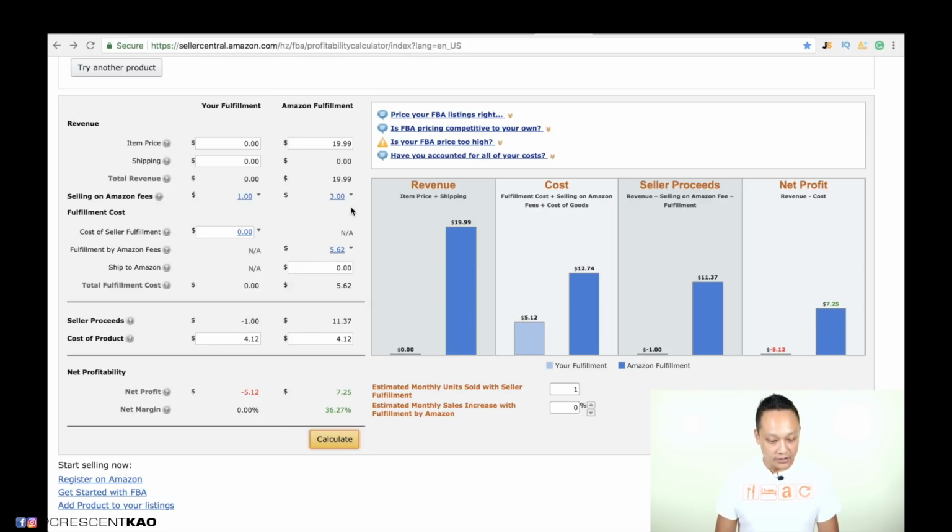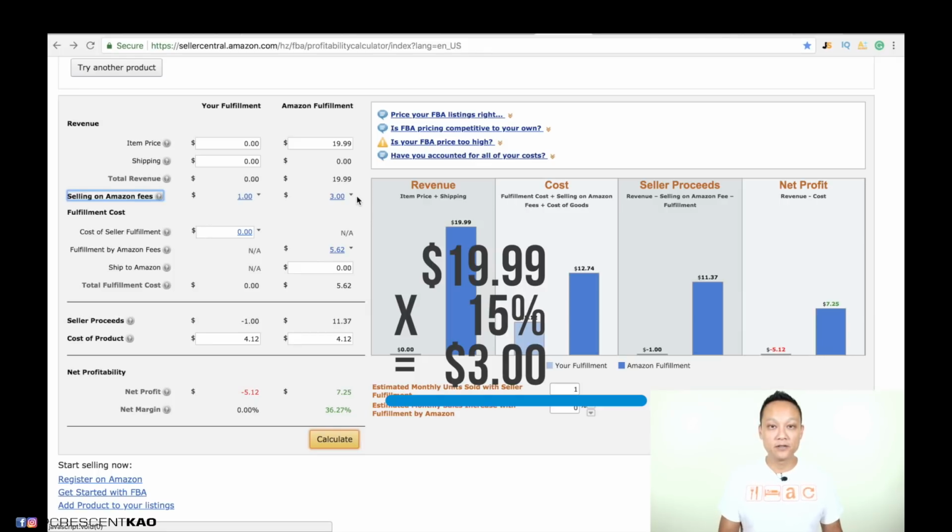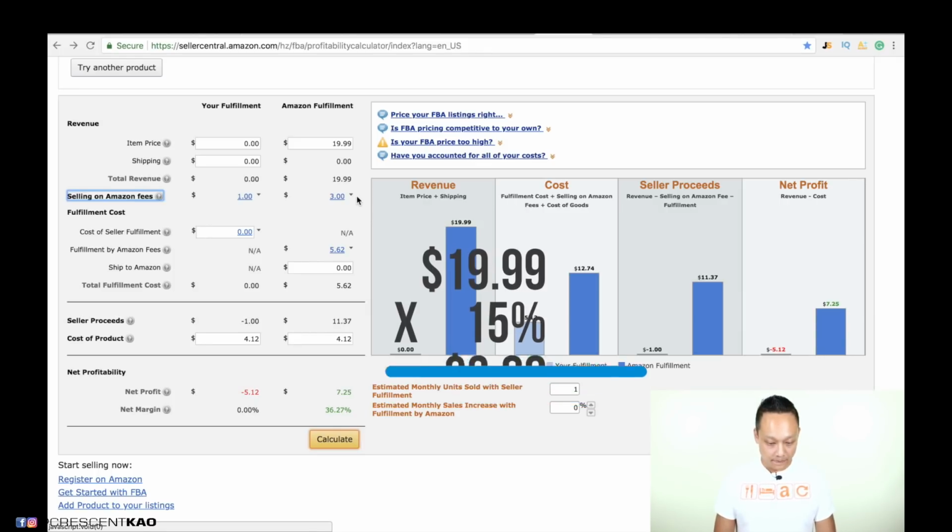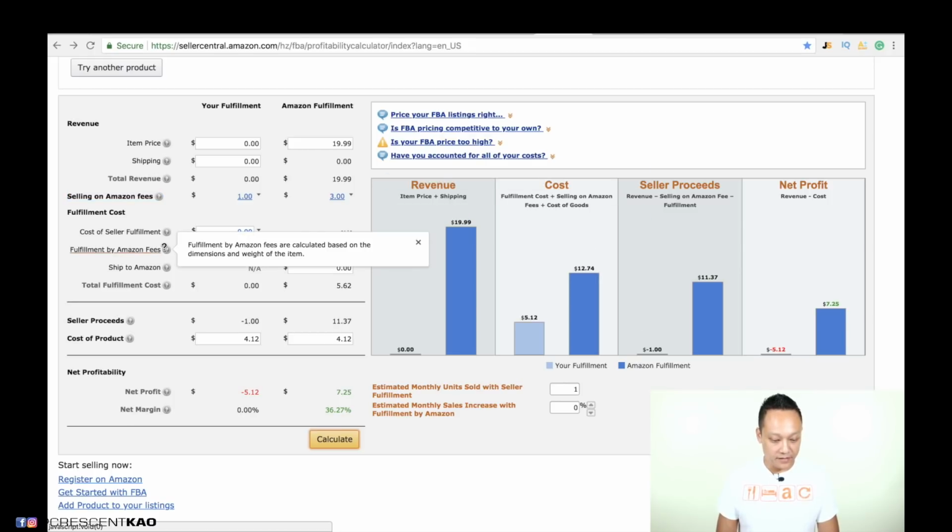So if you look here, your referral fee, which they call the selling fee here, is $3. Okay, and this is again based on your selling price. It's 15% of the price or $1, whichever one's higher. Okay, and then your fulfillment fee, and that's what you're paying Amazon to fulfill your order.